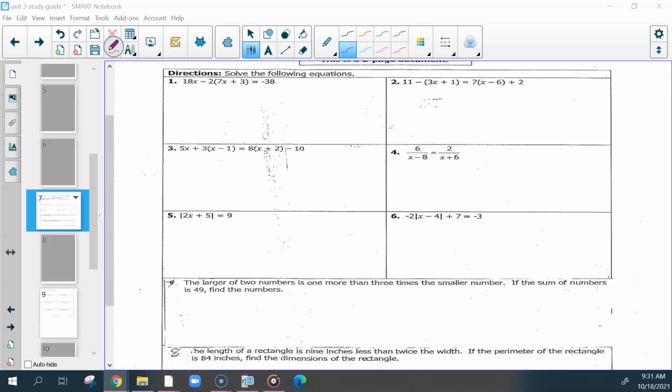Right, number 3, we need to distribute. You have like terms on the same sides you can combine. Remember, when you're combining like terms, you're just doing whatever it says, not the opposite.